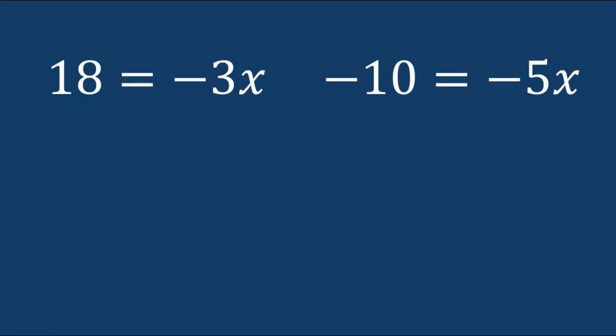Let's do 2 more examples where the variable term and the constant are all mixed up. You will notice that in these examples, the variable is on the other side of the equation. We don't do anything different than before.